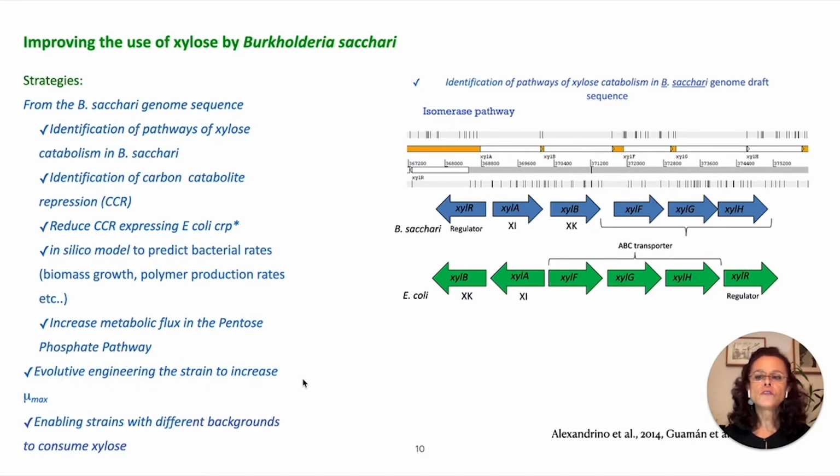Also, evolutive engineering of the strain has been applied. And of course, given that you have this operon, you can enable different bacteria. You see that it's different from the E. coli operon, and you can enable a new bacteria to consume also xylose.